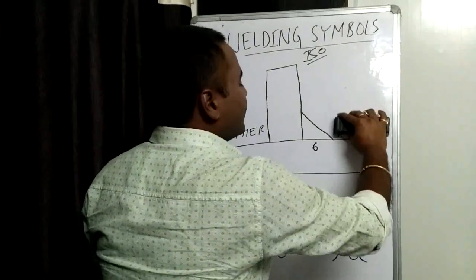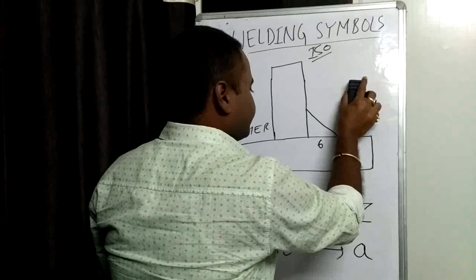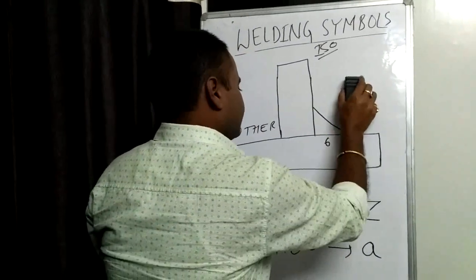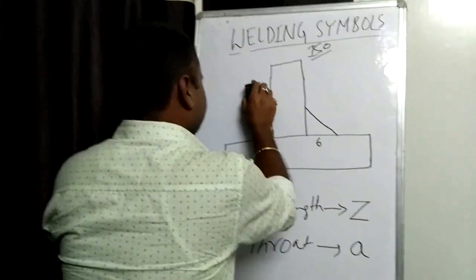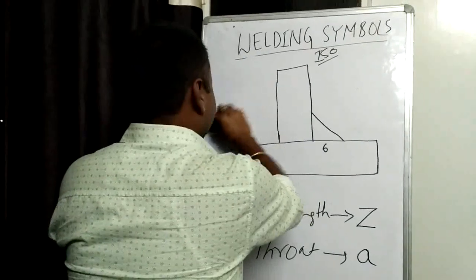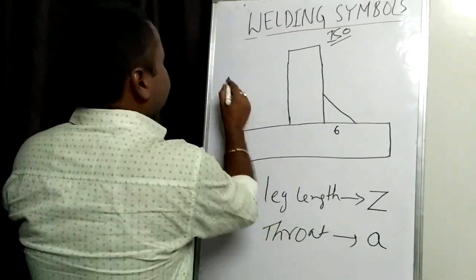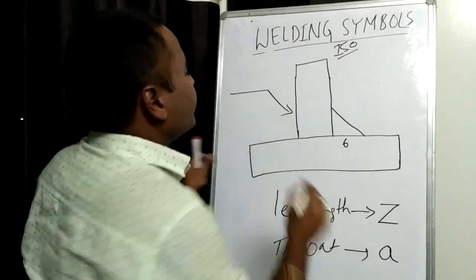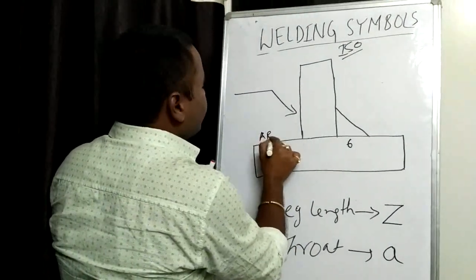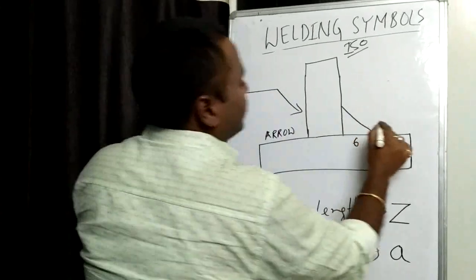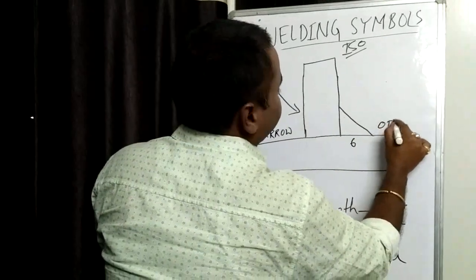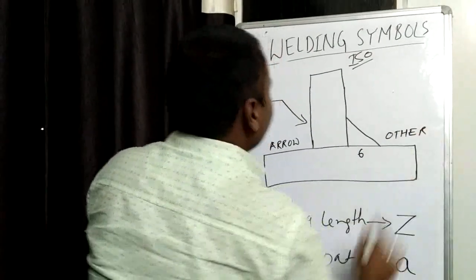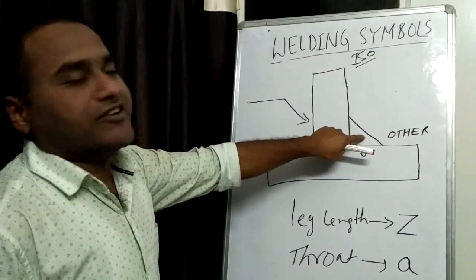We'll take one more example. We'll change our side and then see what happens. Now, our welding is on the other side. This side has become arrow side and this side has become other side. So now we have to weld the other side.